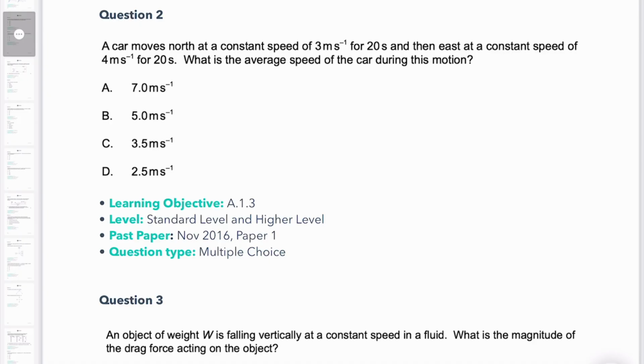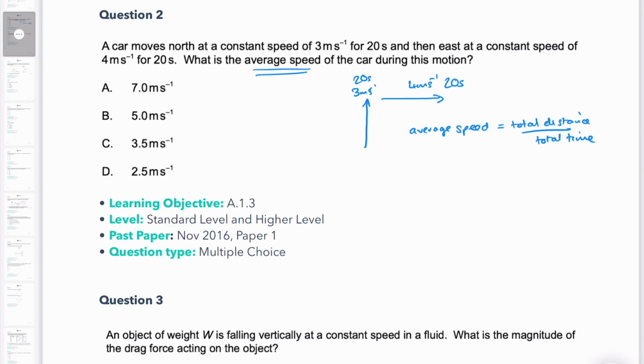Question 2. A car moves north at a constant speed of 3 meters per second for 20 seconds, and then east at a constant speed of 4 meters per second for 20 seconds also. What is the average speed of the car? Well, by telling you the directions of these speeds, they're tricking you because they don't care. They just want to know what the speed is, and the average speed of the car can be found with the equation total distance covered over total time.